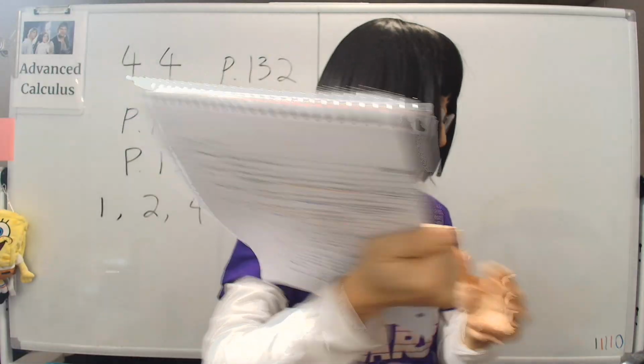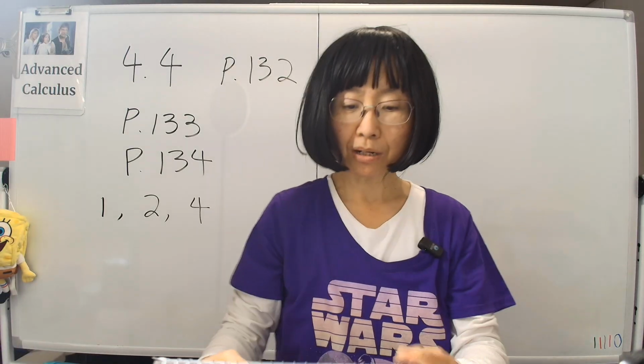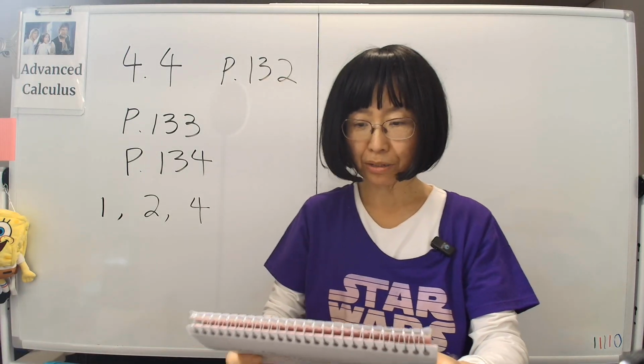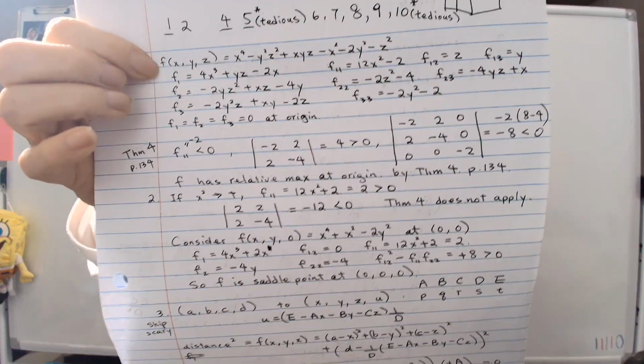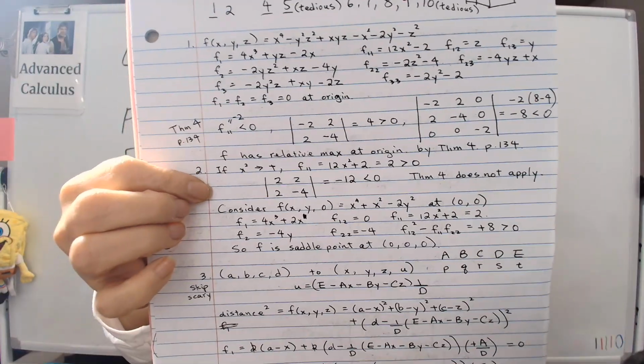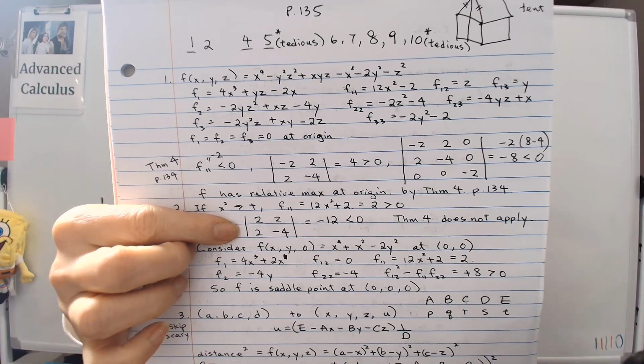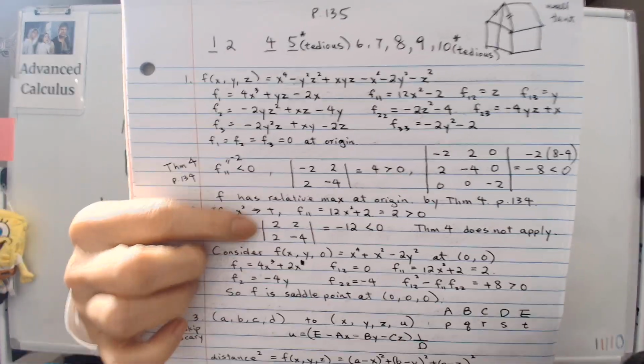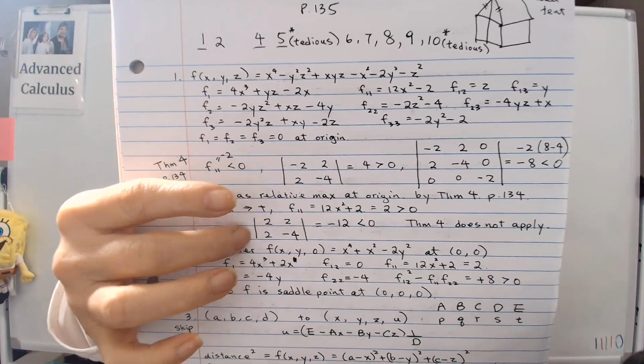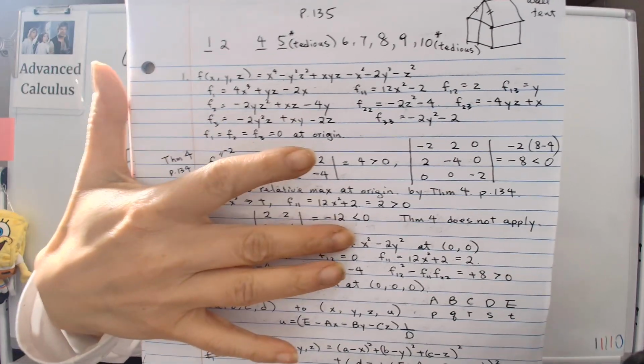So next, let's consider problem 2, where the coefficient of x squared in the function on top now becomes positive. What happens then is we quickly find that f11 is okay, but this thing becomes negative 12 and is less than 0.